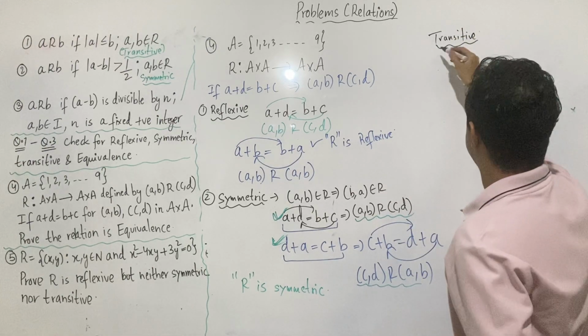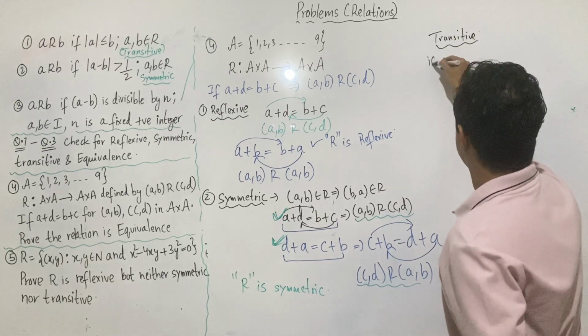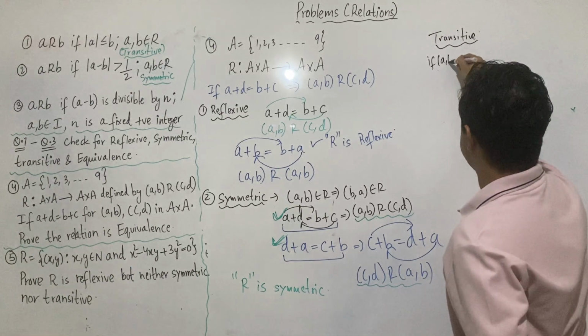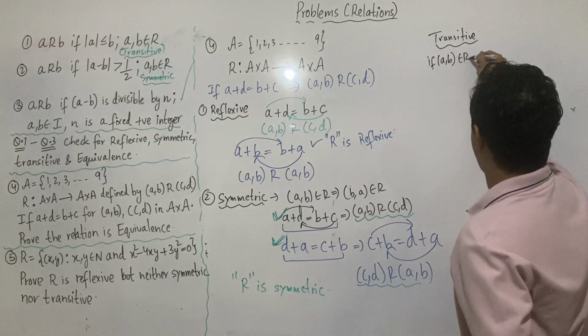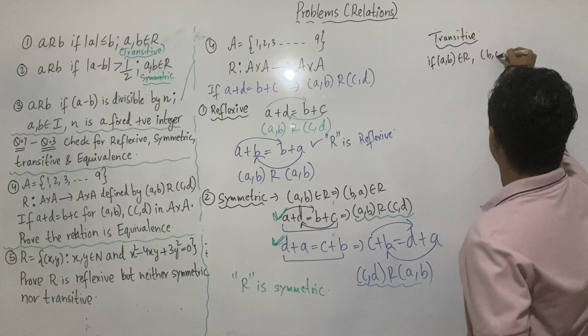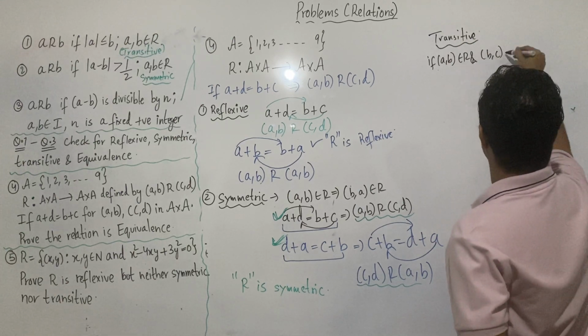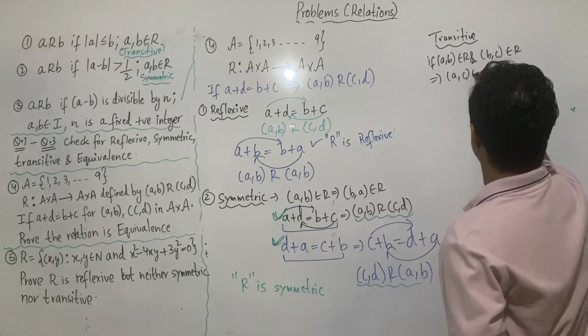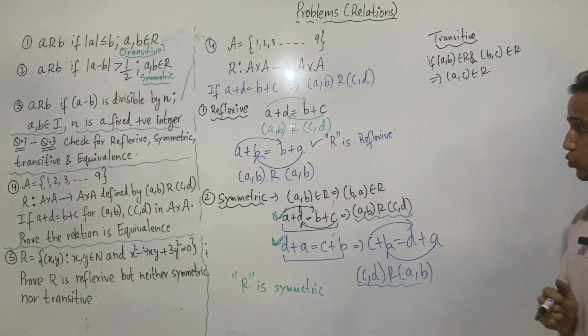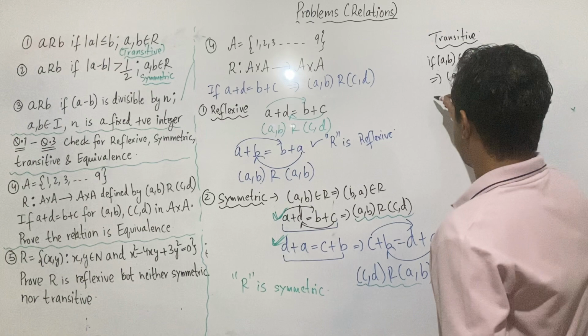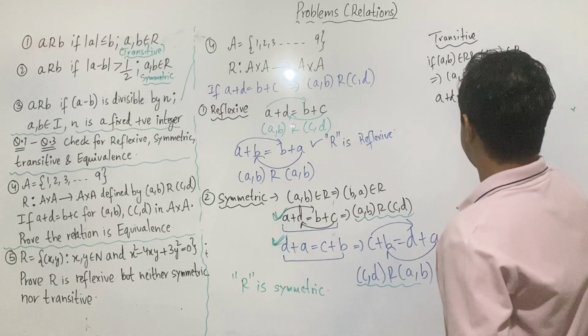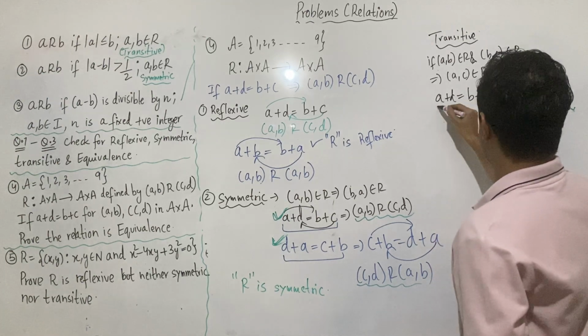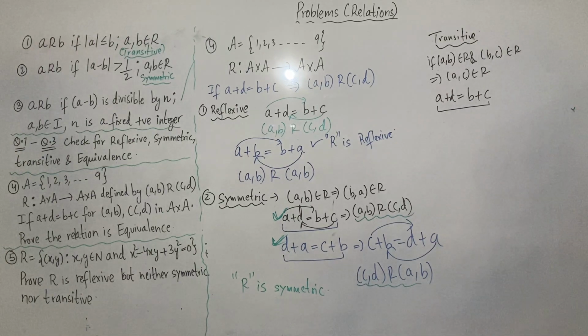Now transitive, we know that if AB belongs to R and BC belongs to R, then AC must be there in R, right? So the given condition is A plus D equal to B plus C, right?